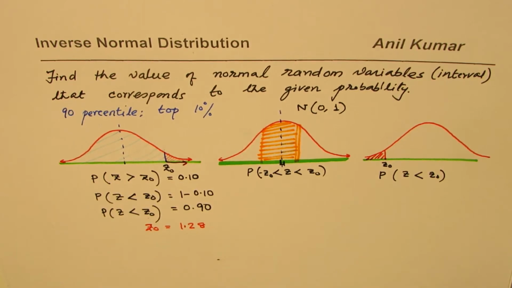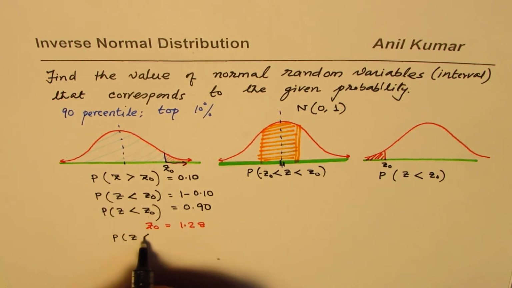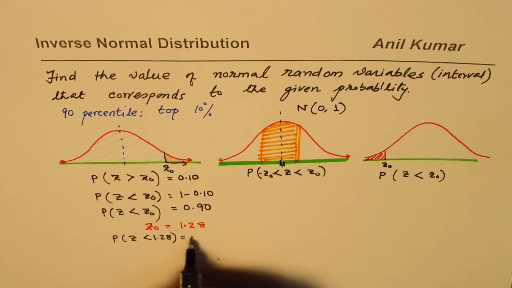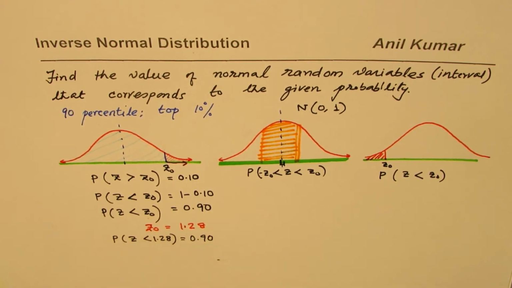Actually, I should have written here. Once you read that, you get this probability of 0.9 is for z value less than 1.28, right? That gives you 0.90. Therefore, z0 should be 1.28. You get an idea, right? So that is how it is.